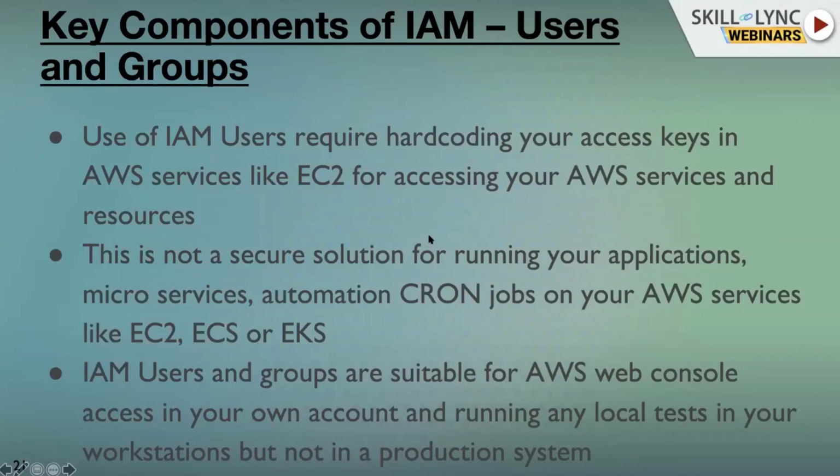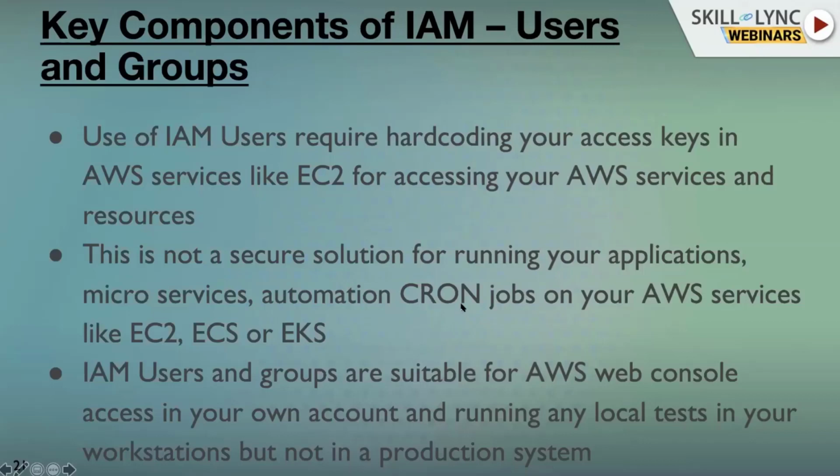The reason is, if tomorrow somehow a hacker or adversary compromises our EC2 instance, container or EKS cluster, he will be able to read the credentials, the access key ID and the secret key, which is not recommended. That is a big security concern.